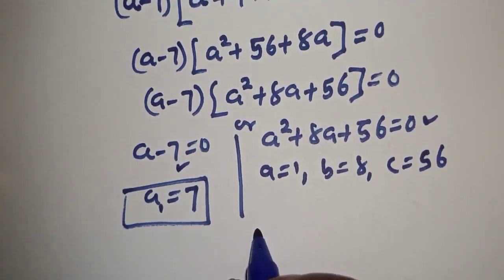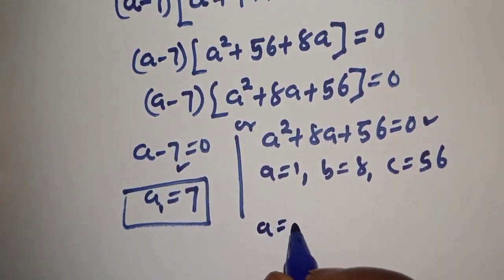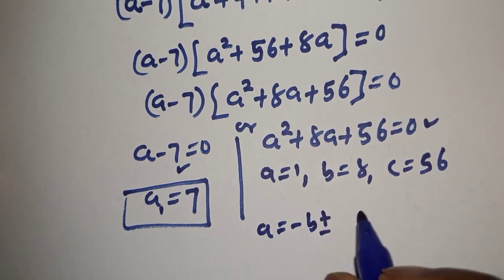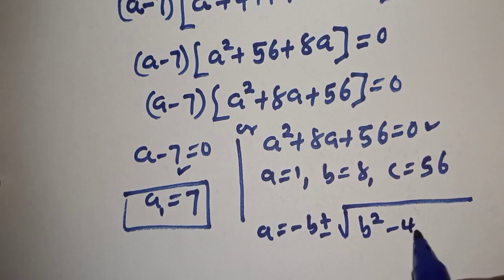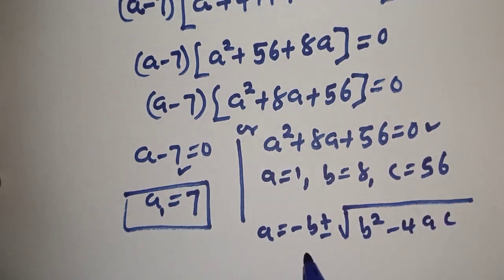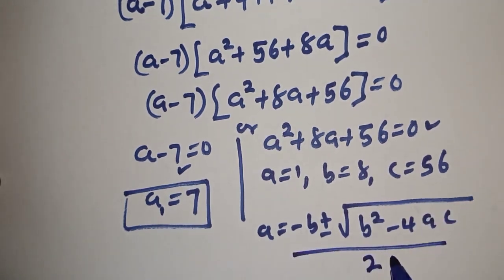Then a is equal to minus b plus or minus square root of b square minus 4ac over 2a.